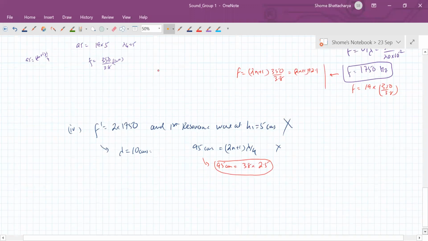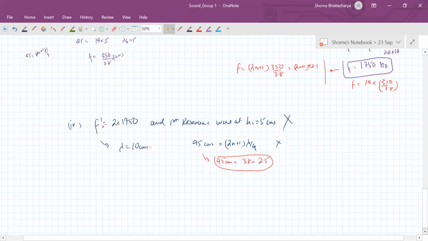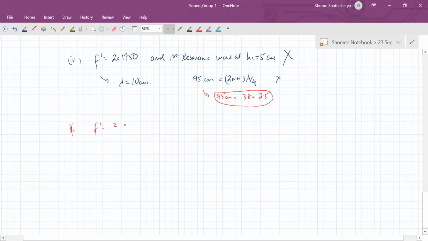It would give you a resonance set with a different first resonance. So the thing is, if f prime equal to 3.5 kilohertz is used, then first resonance will not occur at h equal to 5 centimeters. Instead, where will the first resonance occur? You can go backwards.